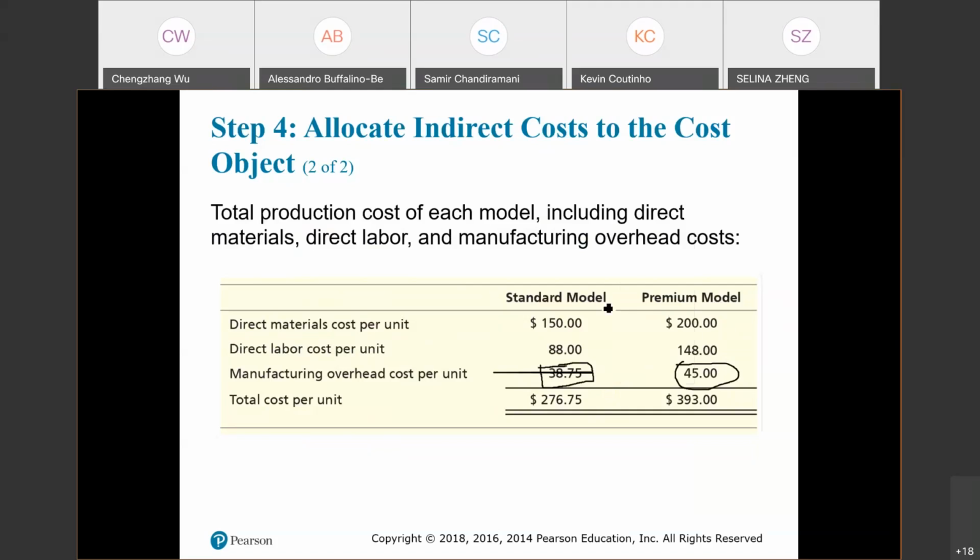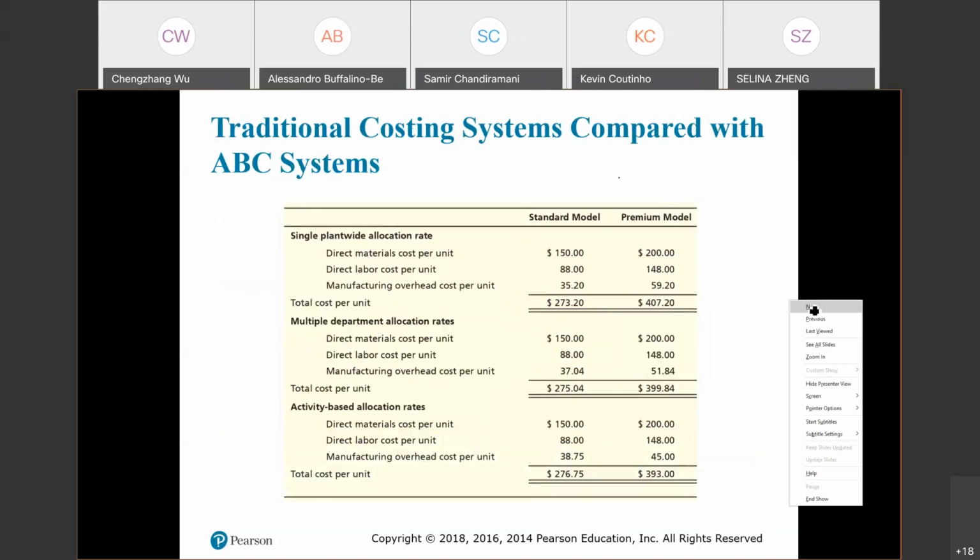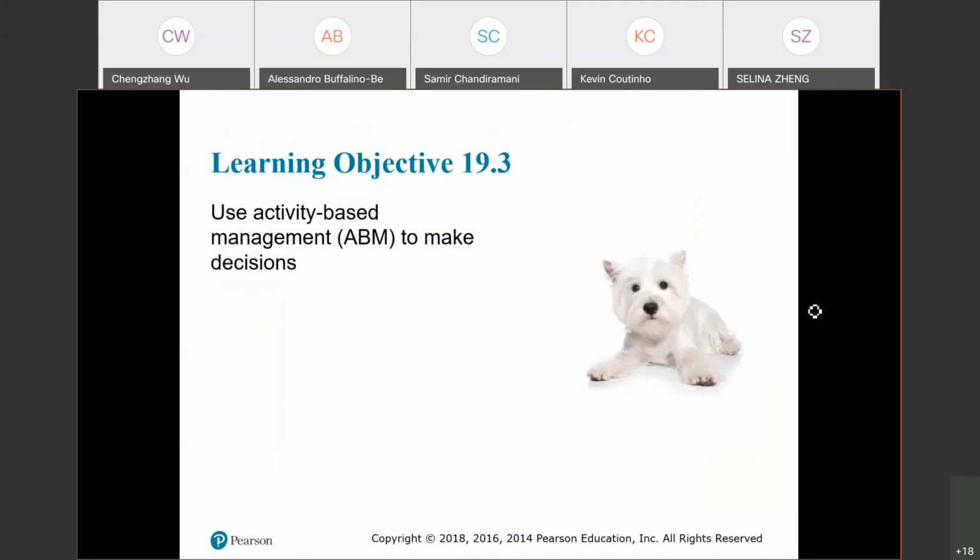Let's see how the managers in the company use the activity-based costing information to make better decisions. ABM, activity-based management, uses activity-based costing to make decisions that increase profits while meeting the customer needs.